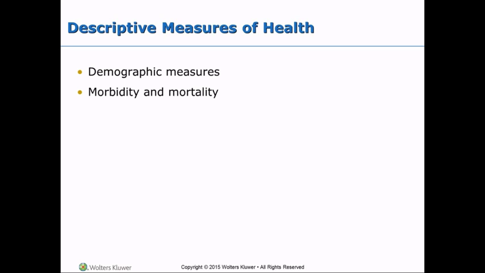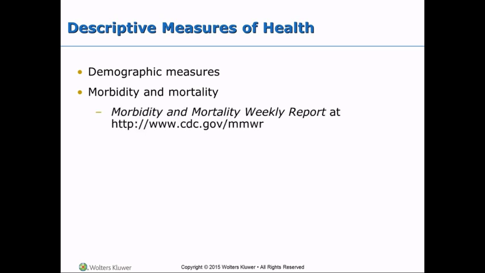You can easily access these data for states and certain select cities in the Centers for Disease Control and Prevention's Morbidity and Mortality Weekly Report at this web address. The web address is found in your textbook on page 32. This informative website is updated weekly and contains many useful descriptive measures of health.